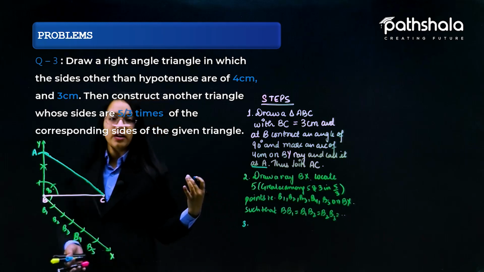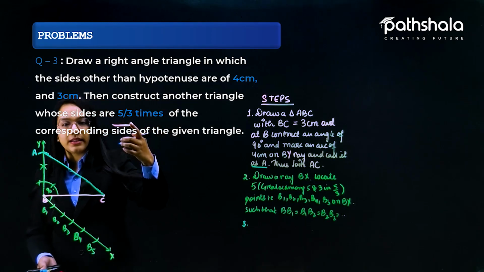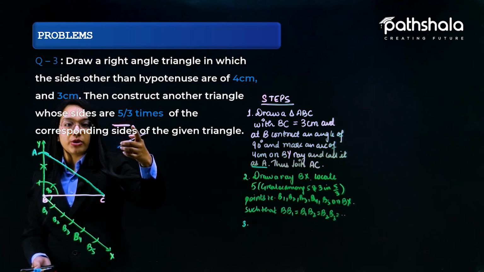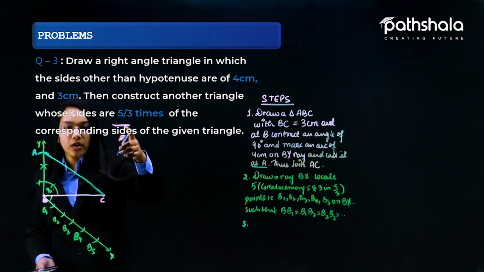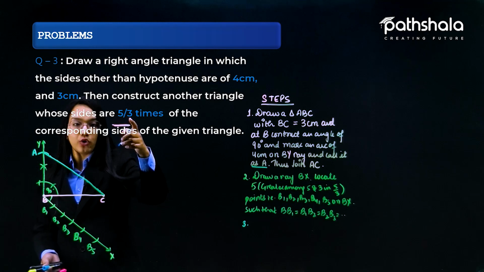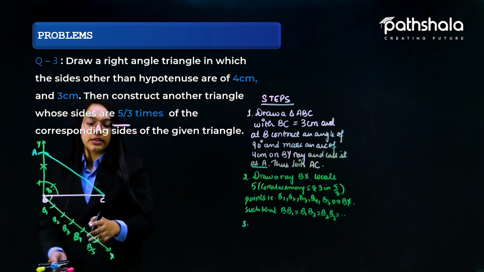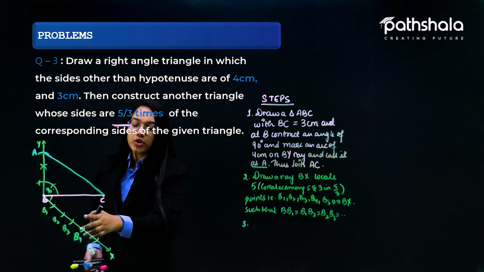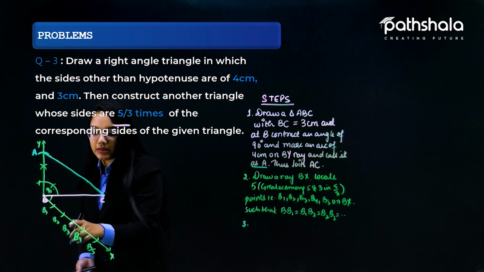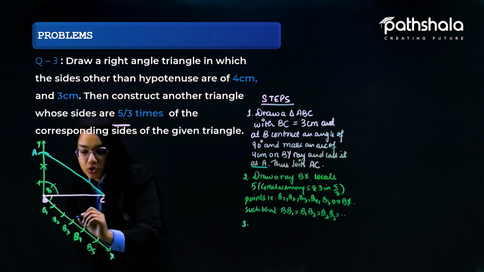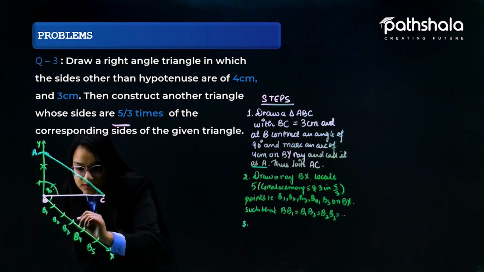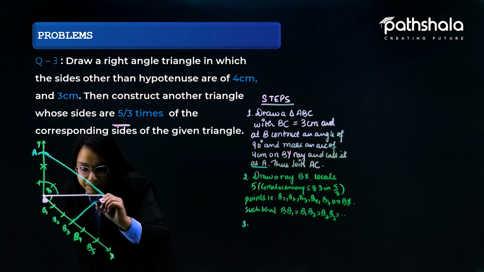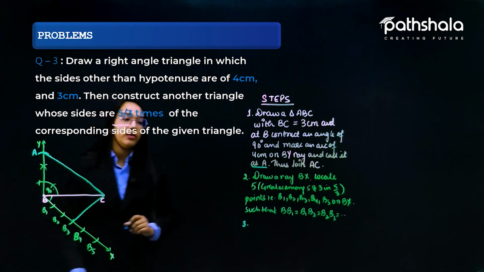In the 5/3 formation, the lower value among the two is 3, so we have to join this C with B3.